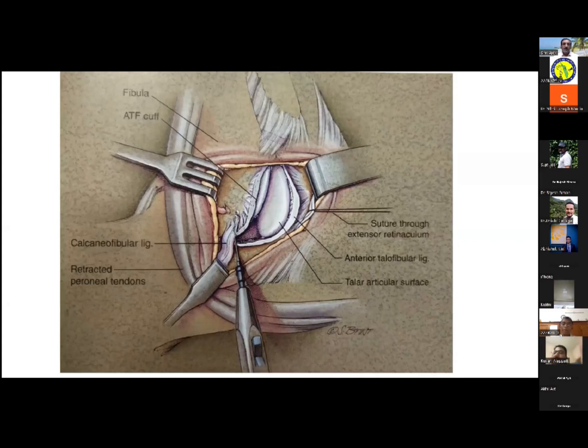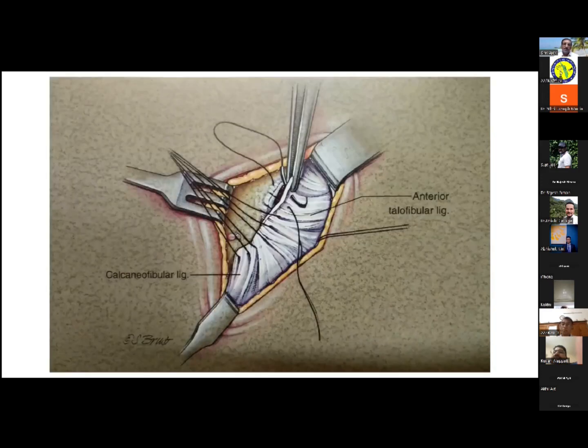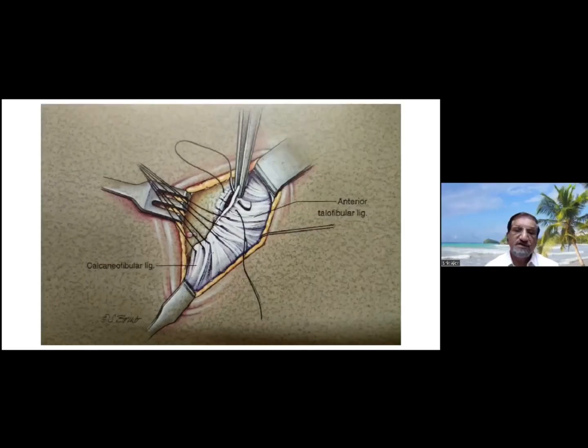You can see over here that the cuff of the ATFL is on this side, and the talar attachment of the ATFL is visible over here. So cut through the same, and then we are going to double breast it. This is going to go underneath here, and this is going to come on top of this. So this kind of double breasting, when it is done, is going to stabilize the ankle quite well.